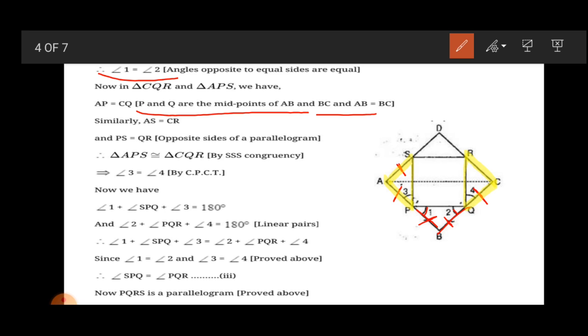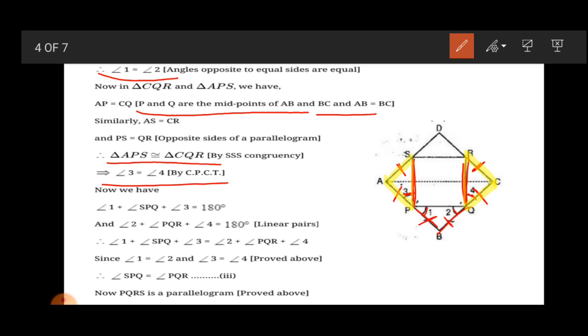Similarly, AS is equal to CR and PS is equal to QR, opposite sides of a parallelogram. So by the side congruence rule, triangle APS is congruent to triangle CQR. And by CPCT, angle 3 is equal to angle 4.